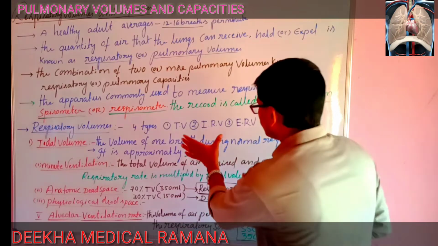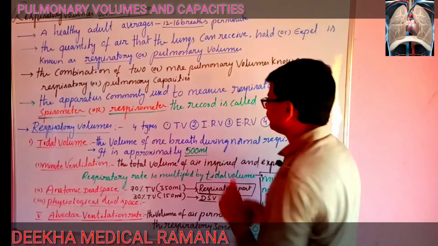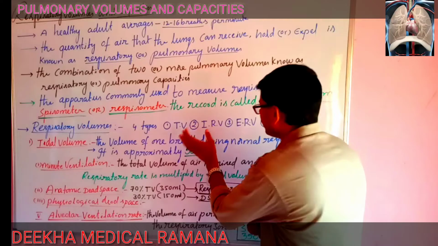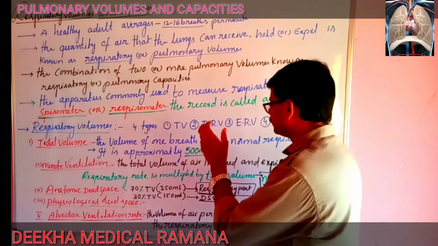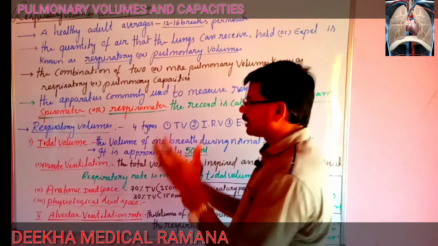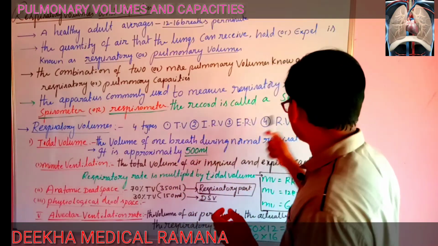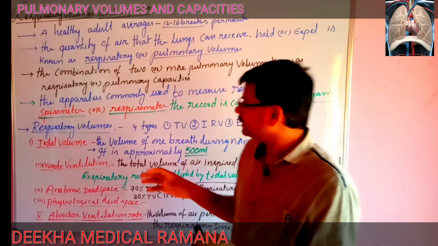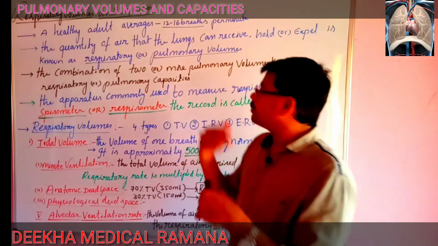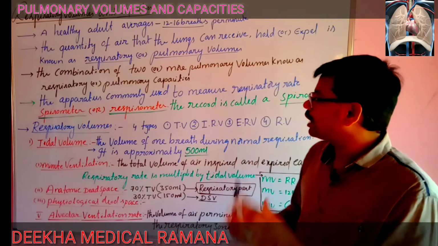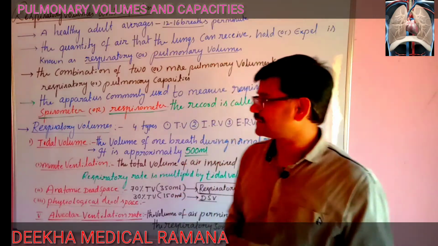If you combine TV and IRV, you get one capacity. If you combine TV plus ERV, you get another. If you combine TV plus IRV plus ERV plus residual volume, you get one capacity. A combination of two or more volumes is required to know about the capacities, right?